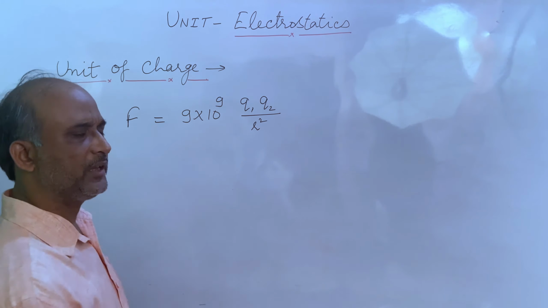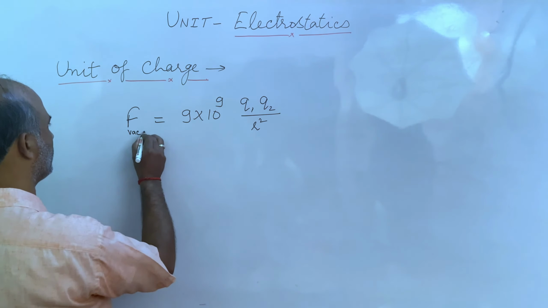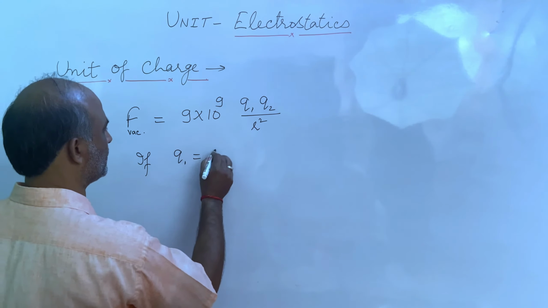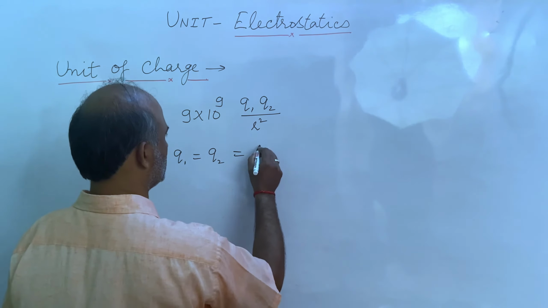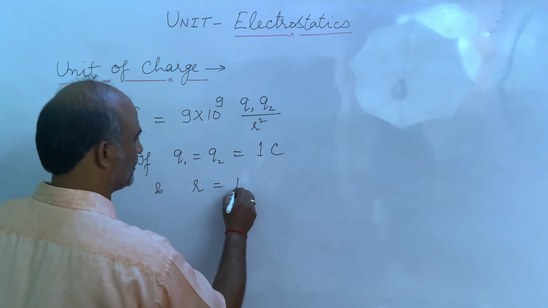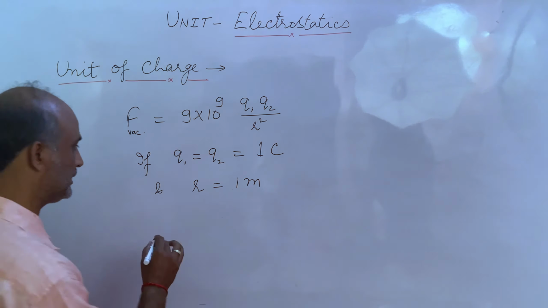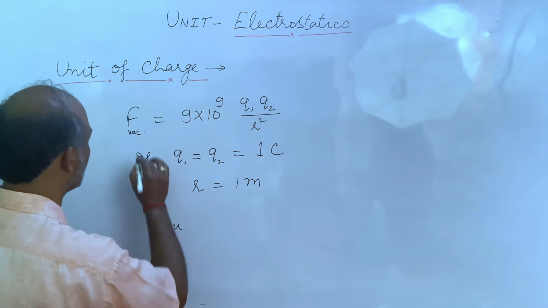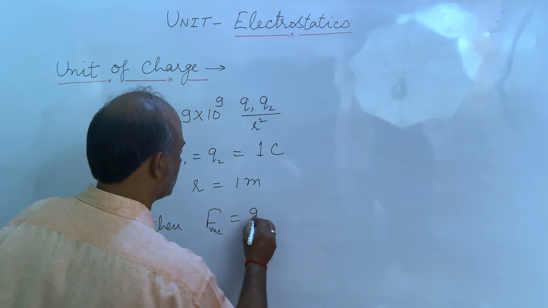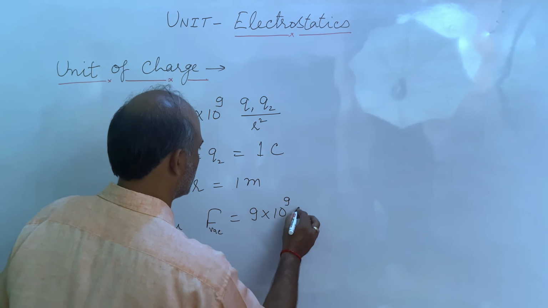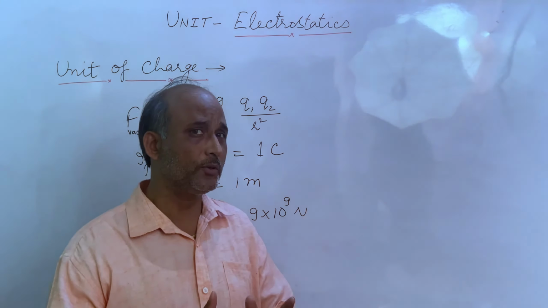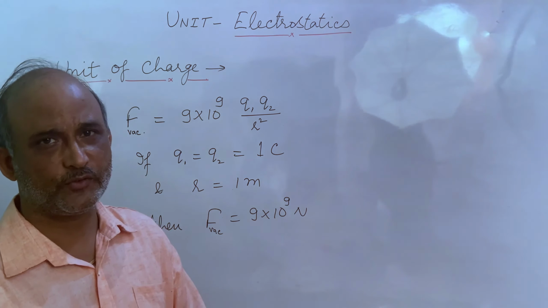When these charges are placed in vacuum, if Q1 is equal to Q2 is equal to 1 coulomb and r is equal to 1 meter, then F will be 9 into 10 raised to power 9. So how can we define 1 coulomb of charge?